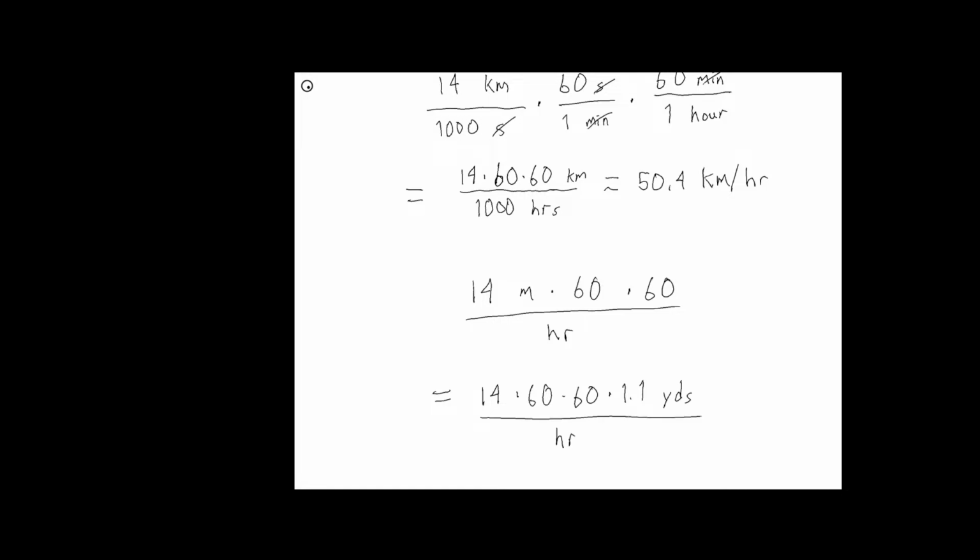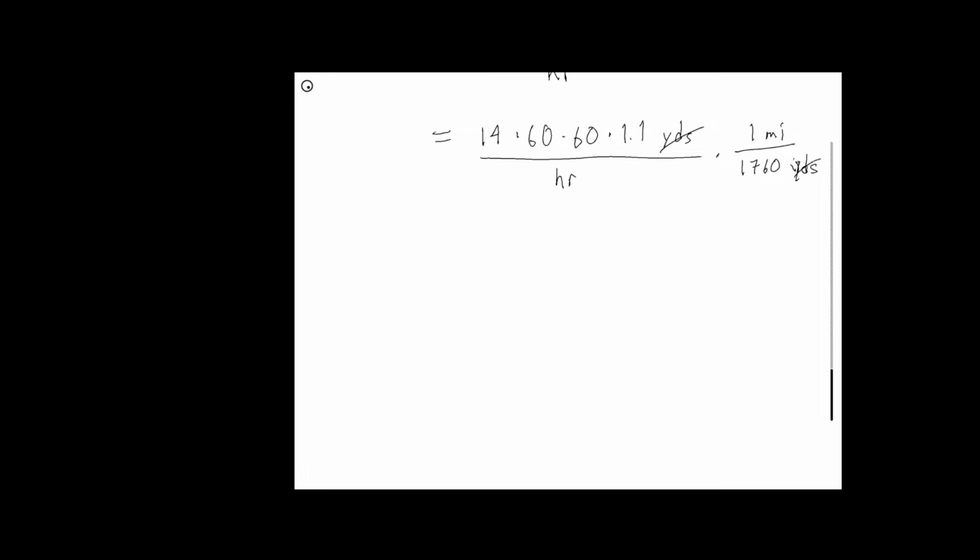And then remember that yards are a lot smaller than miles, so we get 1760 yards is equivalent to 1 mile. Cancel, cancel. And we're going to put this in our calculator, 14 times 60 times 60 times 1.1. And that's 55440 yards over 1760 still.